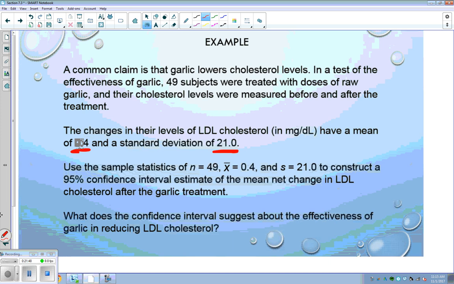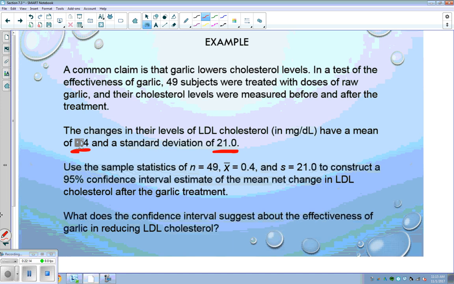We didn't have to do a calculation to find it. Because it's my sample statistic, this goes to the 10th place. They're enforcing that by saying 0.0. That's a significant digit, so I know I've got to round to the 10th place. Okay?